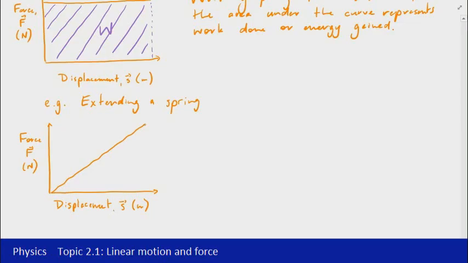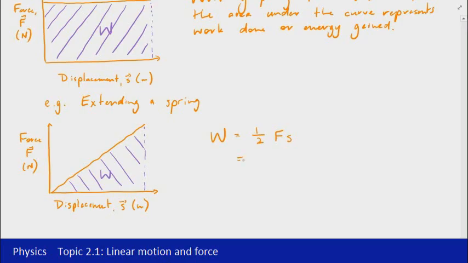And so we can figure out then that in this situation, if we're extending the spring to this distance, then the work that we would be doing is given by that area, which in this case is actually a triangle. So here the work would be equal to half of the base, so half of the displacement S multiplied by the force. So we can just write that as half F times S in this situation because it's a spring.